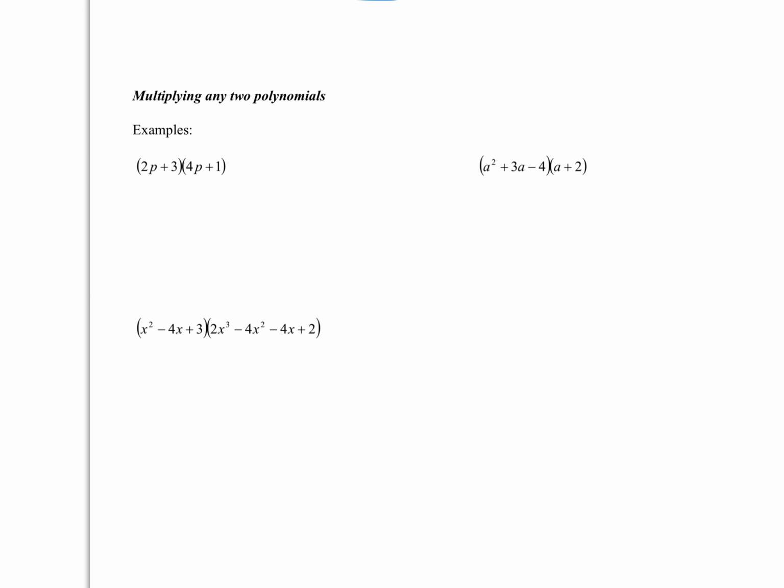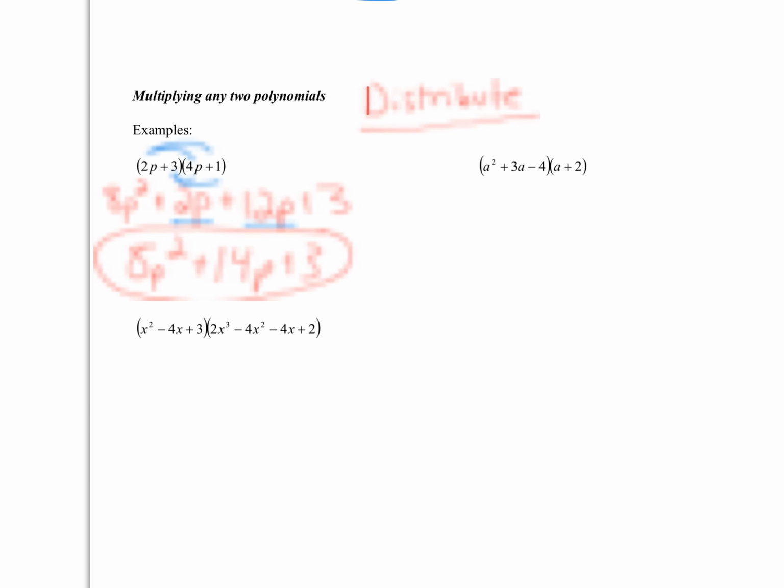So let's take this one step further and say, what happens when you multiply any two polynomials? Well, with any two polynomials, we're still using the distributive property. Still going to distribute.